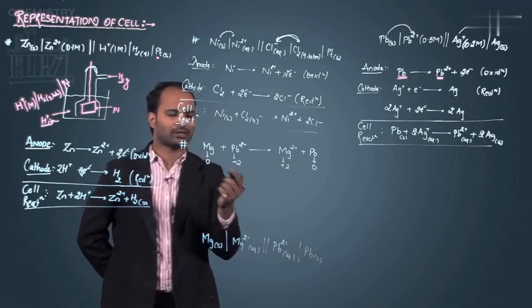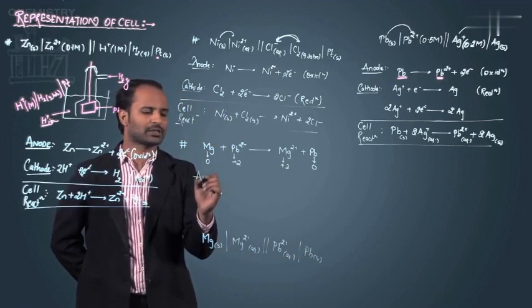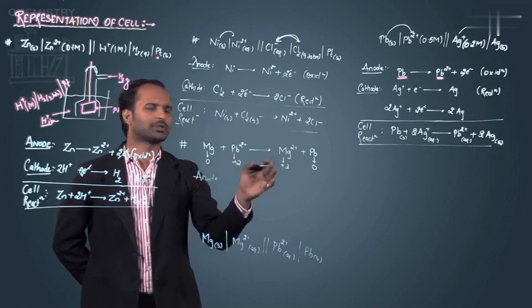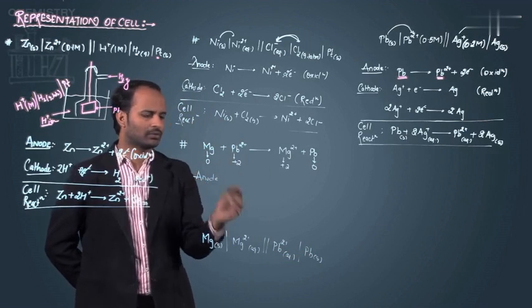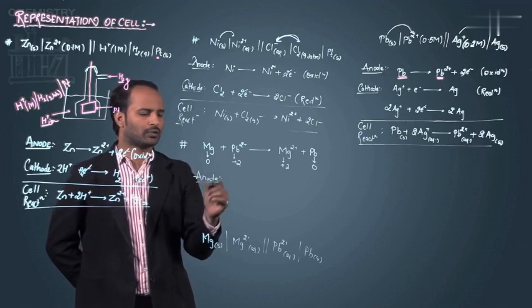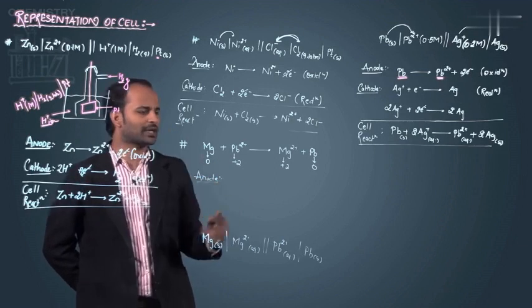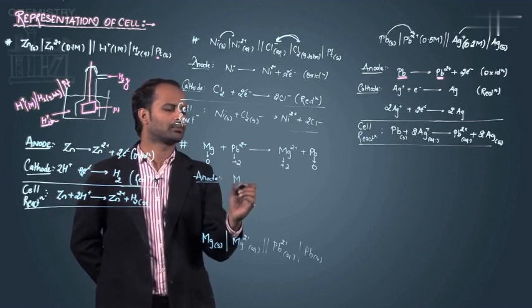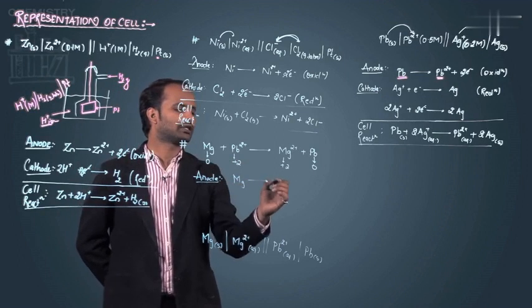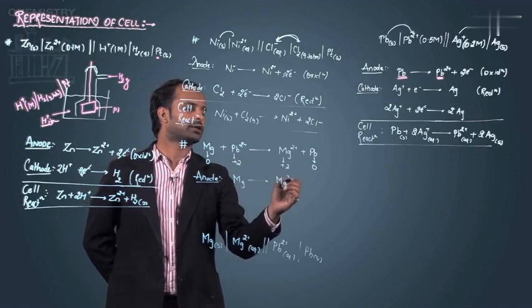Either directly decide, or you just divide the whole reaction into two parts. The second method is the shortest method, I can say. In a second you will come to know. Or we can write the whole steps like magnesium. Divide the reaction into two parts, magnesium part and lead.